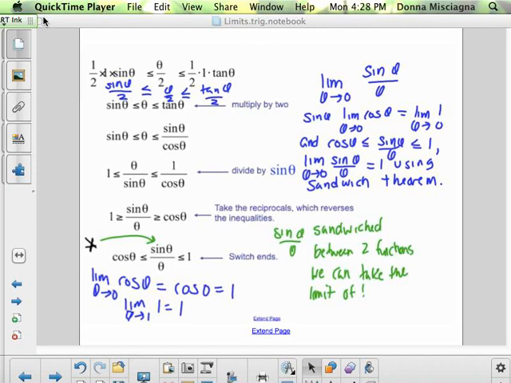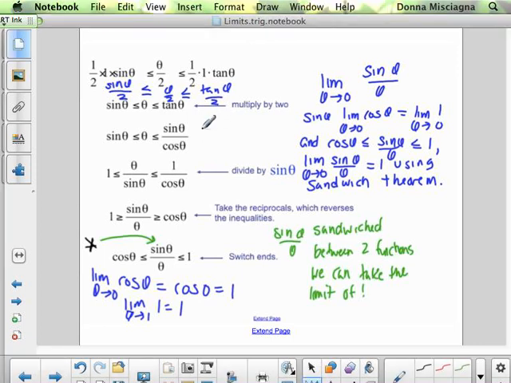Now we're still working on figuring out how we can get back to our original limit. First of all, I'd like to get rid of tangent theta. I could replace tangent theta with sine theta over cosine theta. And we don't really want exactly what we've got here.